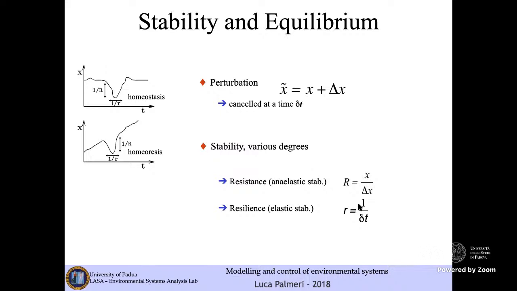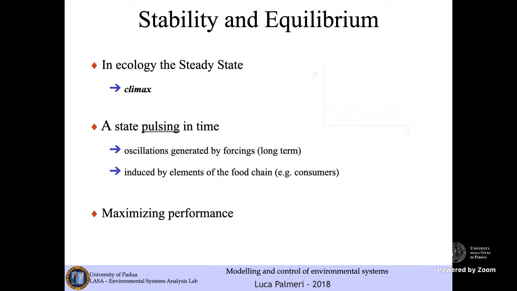So resilience has to do with the time needed to absorb a perturbation. On the contrary, resistance measures how much the state of the system changes after the perturbation. A system that is very resistant is a system whose state does not change significantly after perturbation.